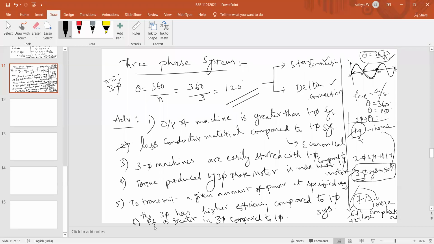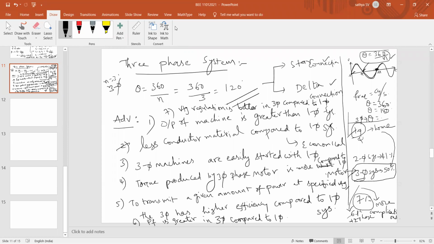The voltage regulation of a three phase system is very much better compared to single phase, always better. Clear? These are the different advantages we have over the single phase system.